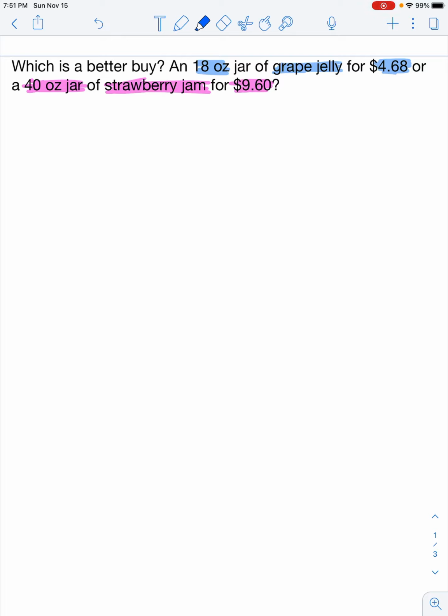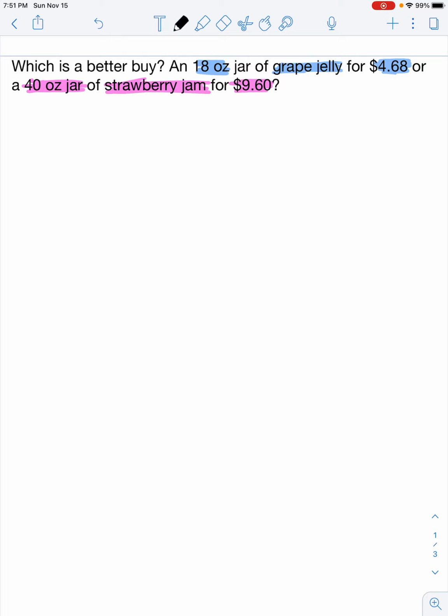And so you might look at this and say, wow, $4.68 is a lot less money than $9.60, so that would be the better buy. But if you look closely, you're getting less while you're paying less. Which is better? I don't know. We have to figure that out.